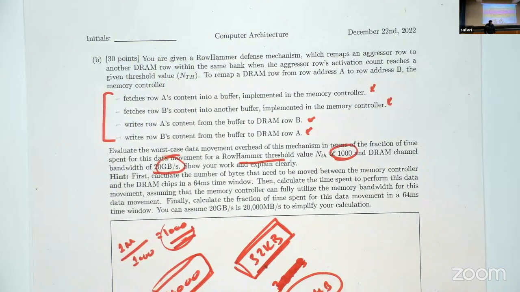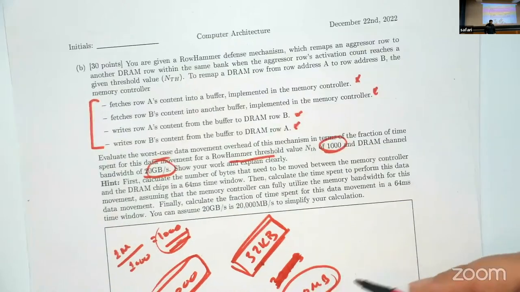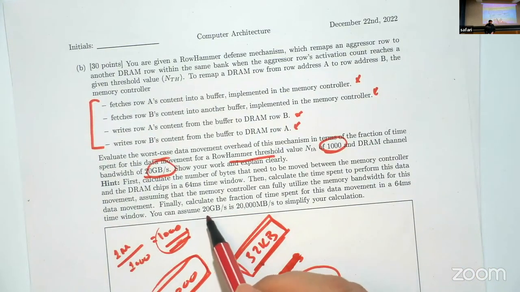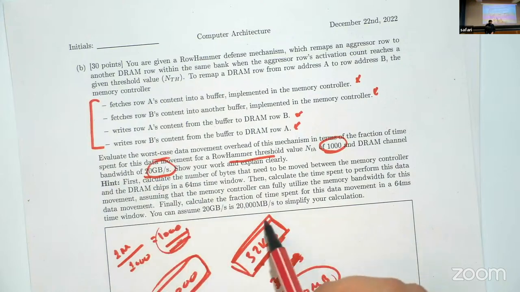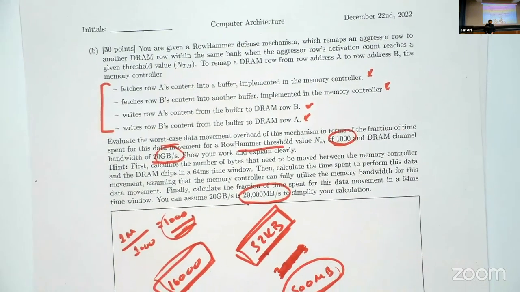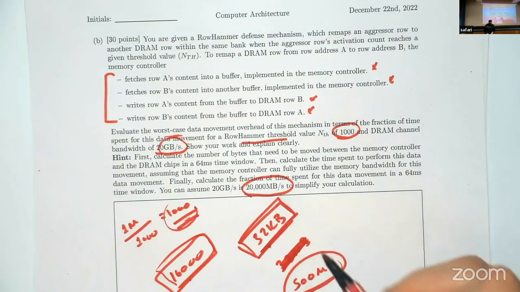And we can calculate how much time it takes to move this 500 megabytes on this bus by using the memory bandwidth. And we also have a simplification here for easy calculation. So you can see that it's actually taking around 25 milliseconds to perform this operation.